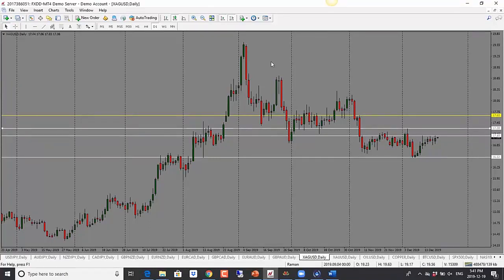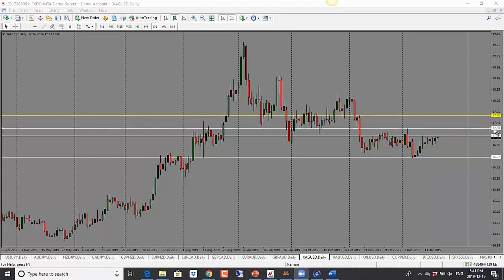But as soon as it moves to the other side, I would look for a further move here into 17.30, and then we could potentially go all the way into 17.65. So bias here is neutral, but watch out for a potential move to the upside.